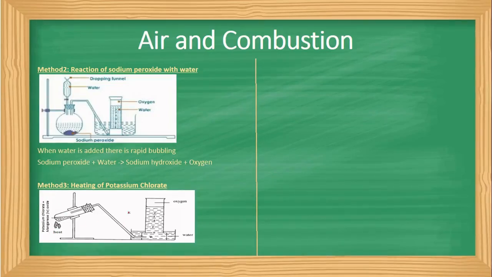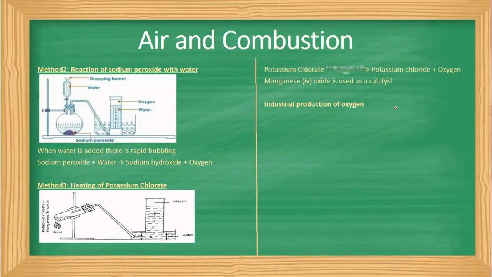In the setup, a similar case happens, and the gas produced, oxygen, is collected over water or by downward displacement of water. The equation is potassium chlorate in the presence of manganese 4 oxide and heat produces potassium chloride and oxygen gas. Manganese 4 oxide, as I've said, is just a catalyst.